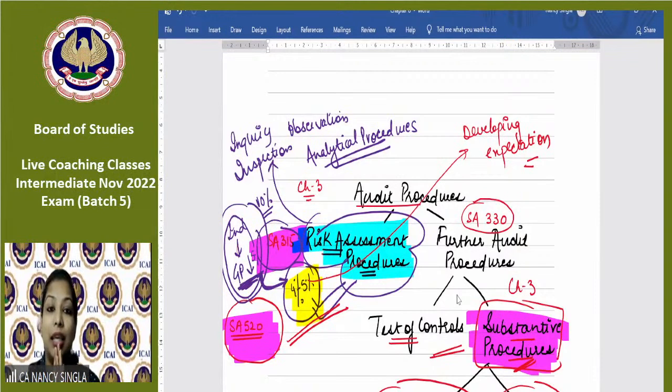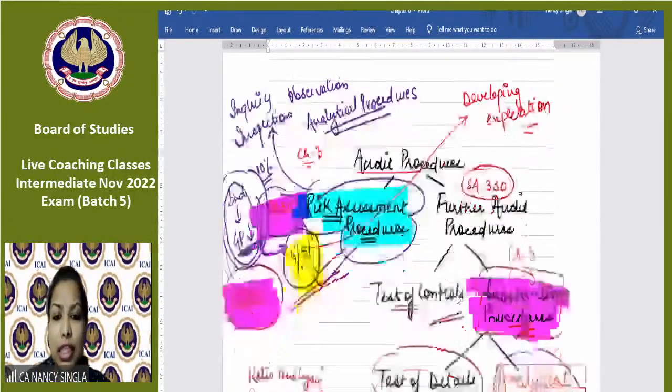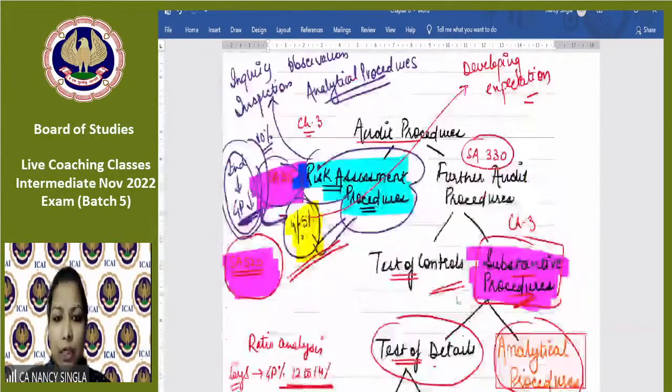When something inconsistent or unusual has been identified, he will surely extend his audit procedures towards that matter. Okay? Now, there is one more point here that I want to discuss.